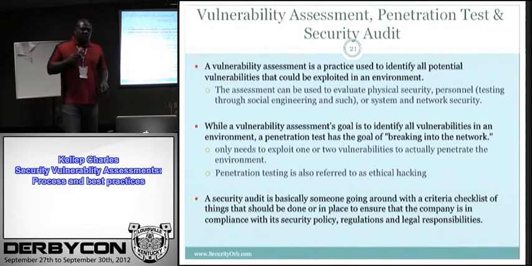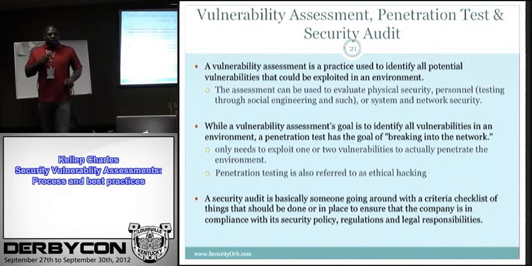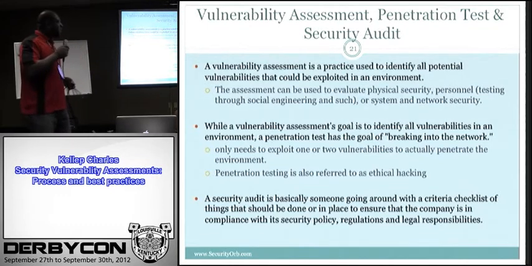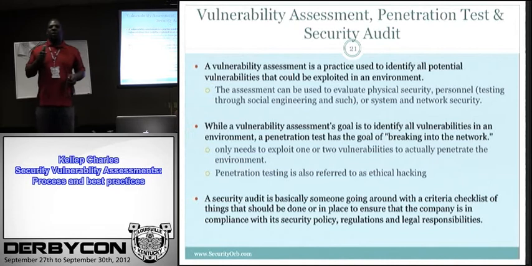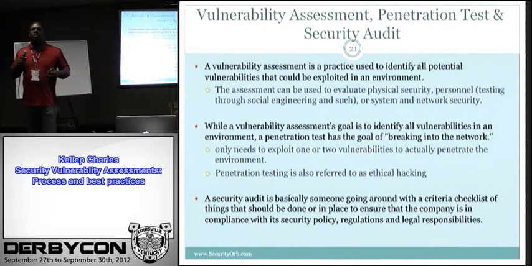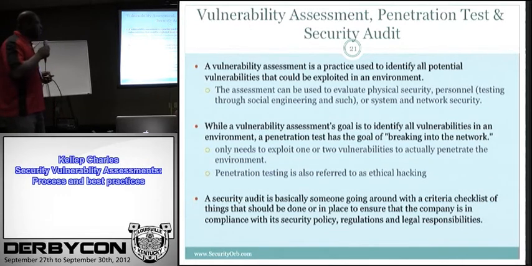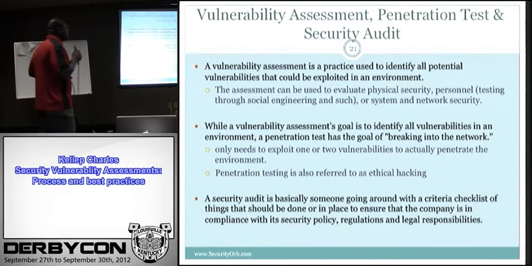One of the things we've also realized is that there's been interchangeable use of vulnerability assessment, pen testing, and security audits. Vulnerability assessment is the process of trying to find all the vulnerabilities within a particular system.